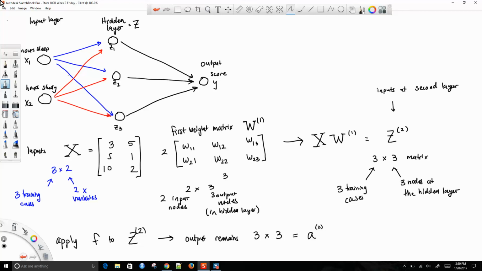Okay, and then let's keep going here. So now we're going to apply a weight matrix. What is our second weight matrix? The output of the hidden layer is A2, which is a 3 by 3 matrix.